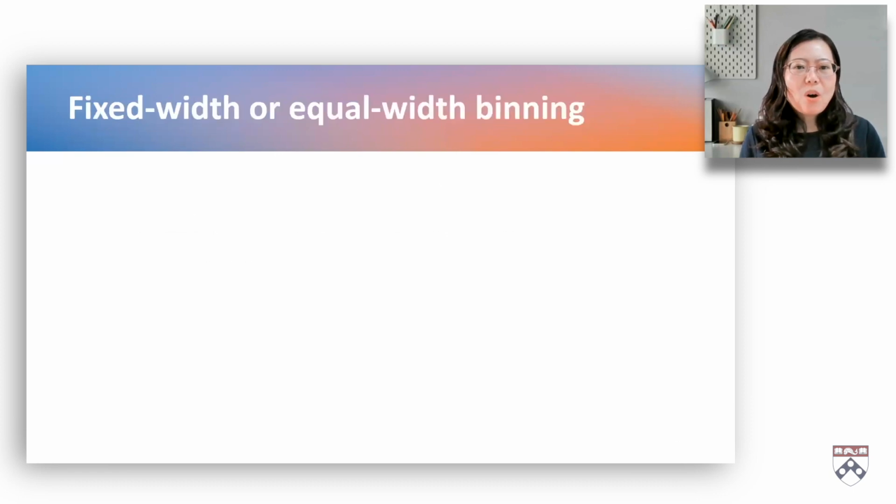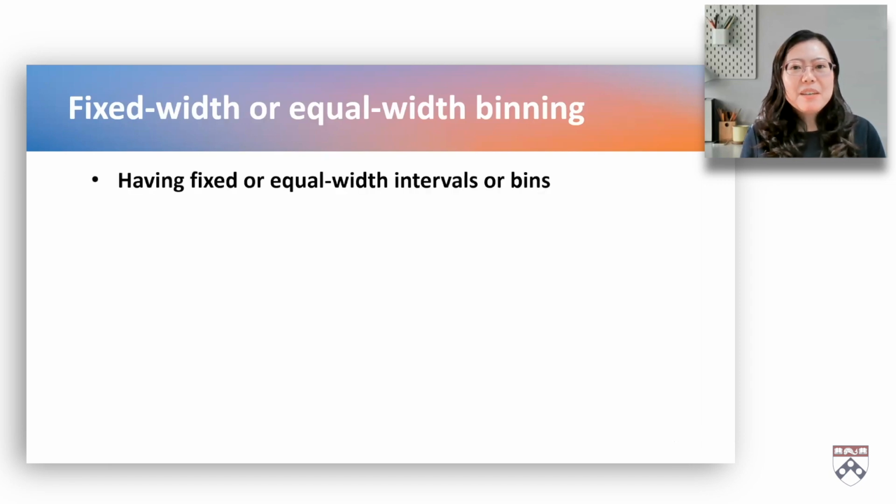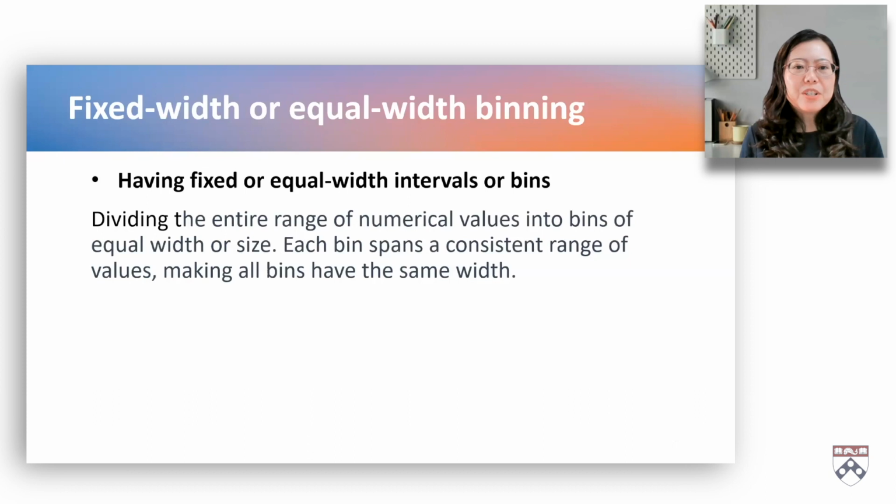Fixed width binning or equal width binning has similar concepts. Having fixed or equal width intervals or bins, it divides the entire range of numerical values into bins of equal width or size. Each bin spans a consistent range of values, making all bins have the same width.